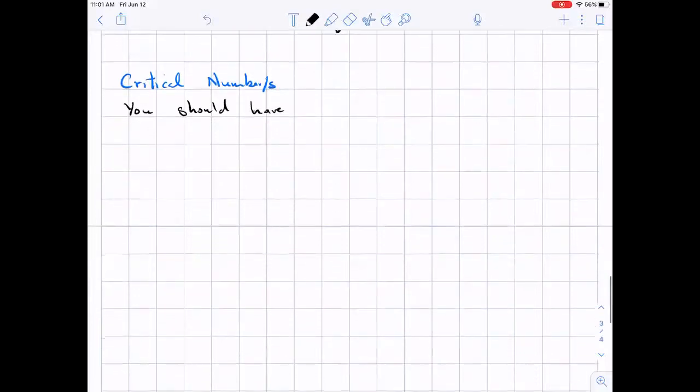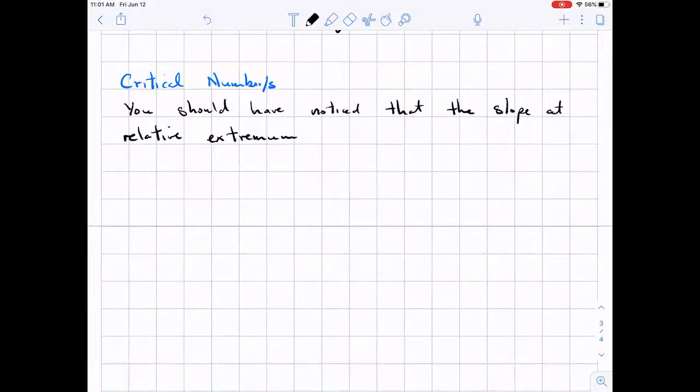So let's look at critical numbers now. You should have noticed that the slope at these relative extremas, meaning maximum or minimum, is 0 or undefined or does not exist.